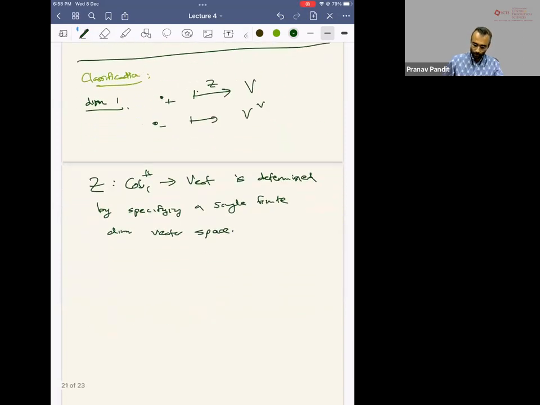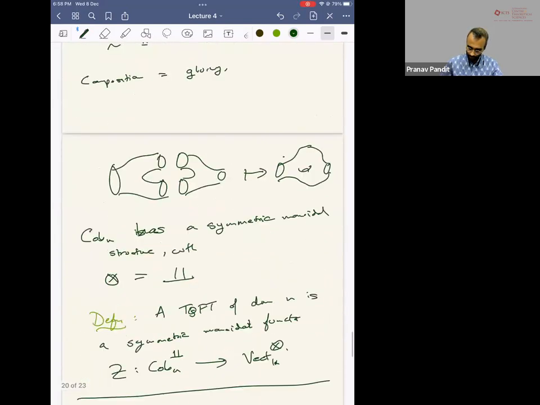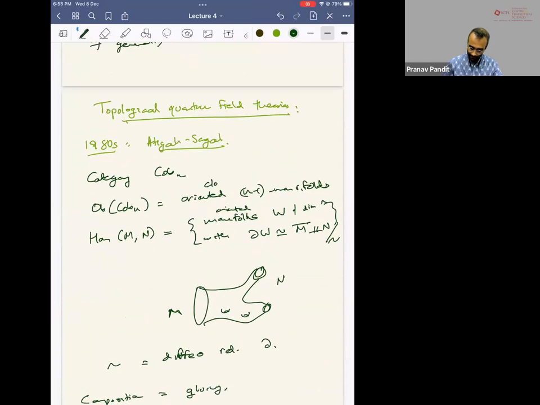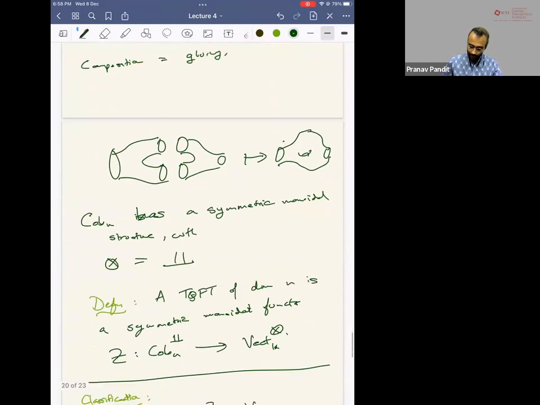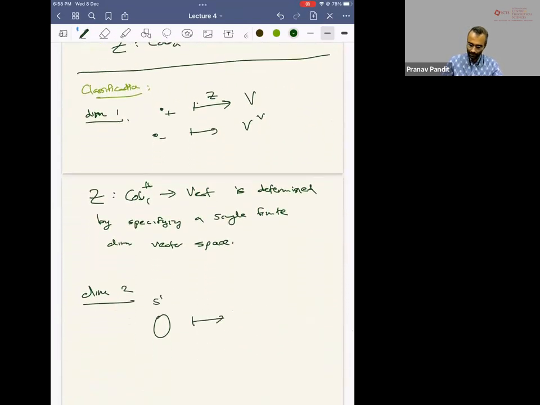Okay, so what about dimension 2? In dimension 2, you have only the circle, which is the only interesting closed oriented one-manifold. And S^1 goes to some vector space V equal to Z of S^1.